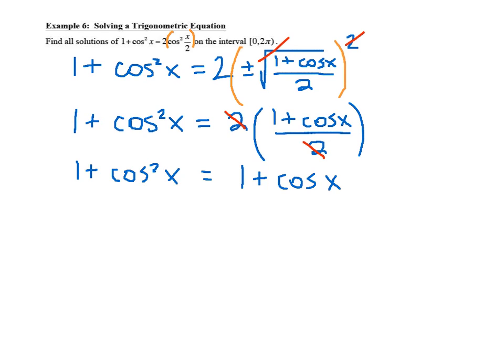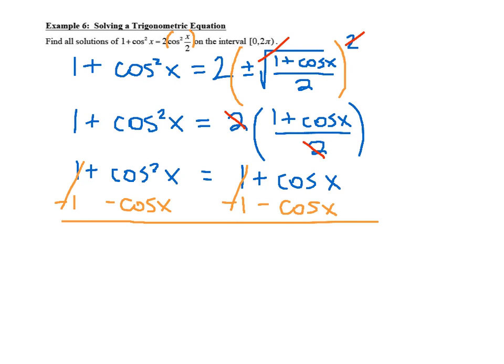Now in order to solve this, we need to combine terms on the same side of the equal sign. So let's subtract 1 from both sides, and the 1's cancel. We're also going to subtract cosine of x on both sides. So we end up with something we're pretty familiar with factoring: cosine squared x minus cosine of x equals 0.